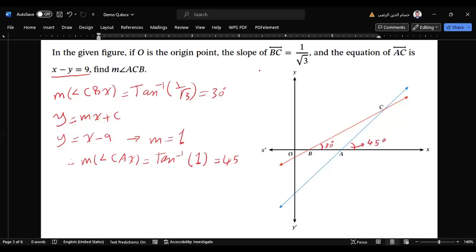Like this, I can make it like this. 45 is the exterior angle of triangle APC. Then it equals the sum of the two non-adjacent angles, 30 plus C. So if I want to get C, it will be 45 minus 30, which is 15 degrees. So the answer of this one is 15.